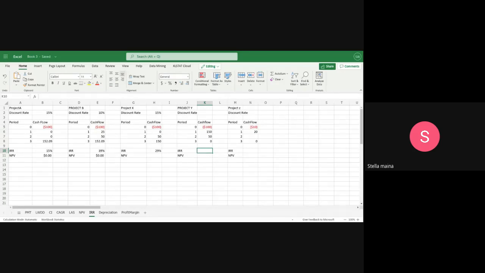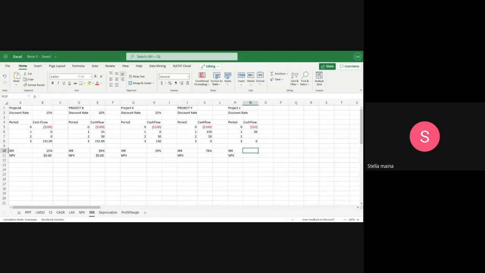So it shall just be the same. IRR from K5 up to K8. So you can see that is 75%.